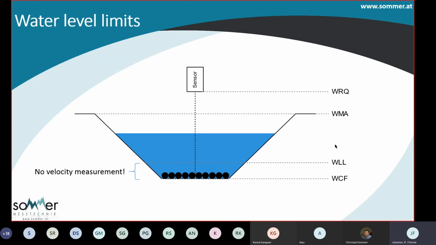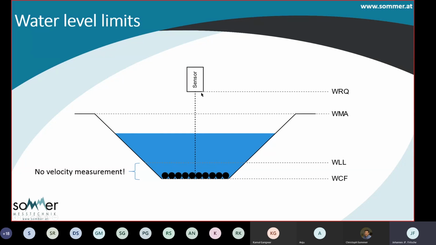Then you might need to set the water level limits in your sensor. We have 4 parameters in the setup with these acronyms. You have the WRQ, that is the mounting height of the RQ instrument.